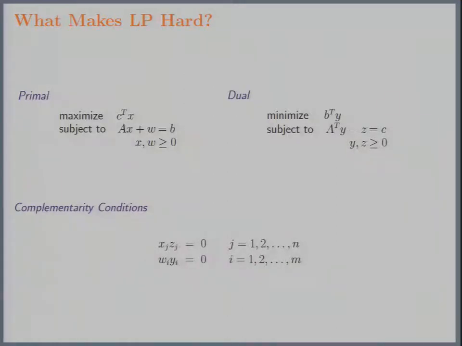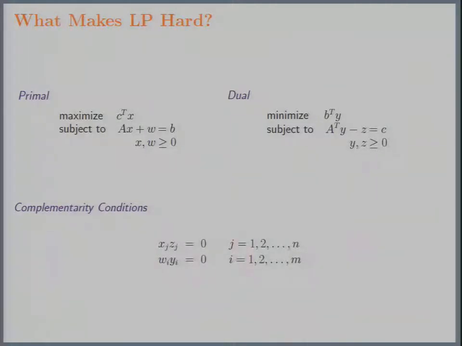And how many unknowns do I have? Well, x is an n vector, w is an m vector, y is an m vector, and z is an n vector. So I have 2m plus 2n variables in n plus m plus 1 equations. So that's not the greatest thing around. It'd be nicer if they had the same number of equations as variables.